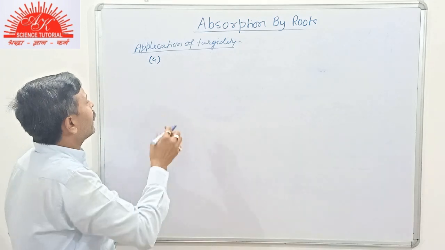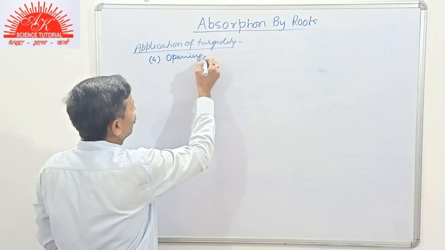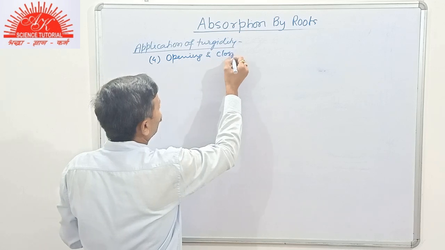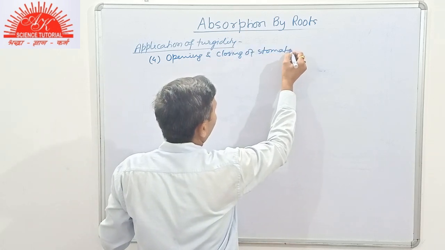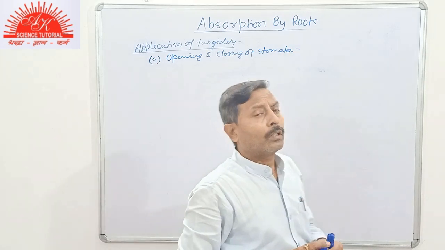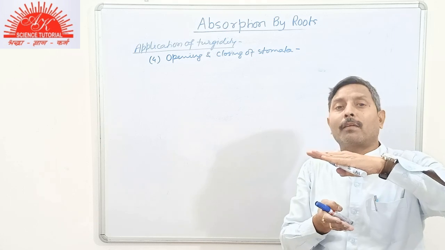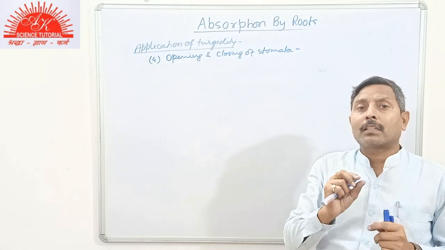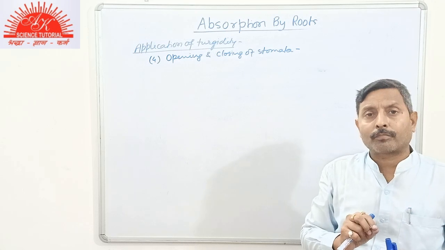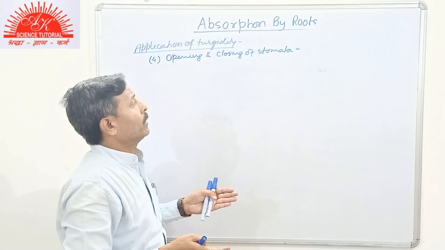Now the next example is the opening and closing of stomata. Now student, we know that on the surface of the leaf, that is on the epidermis, there are guard cells surrounding the stomata. Now how will it open and close?